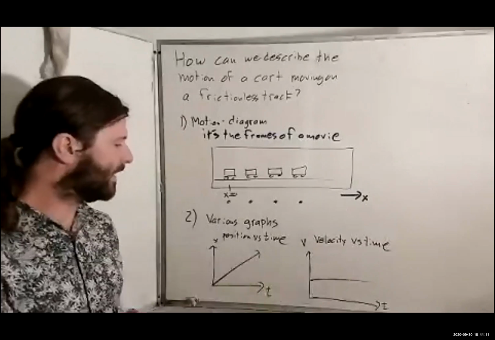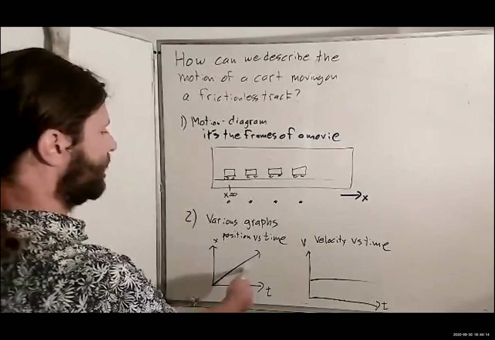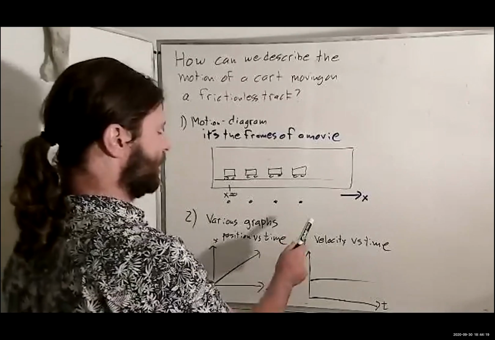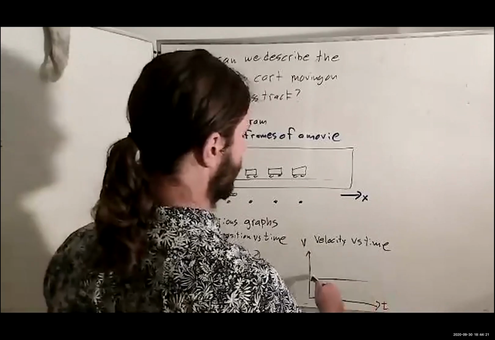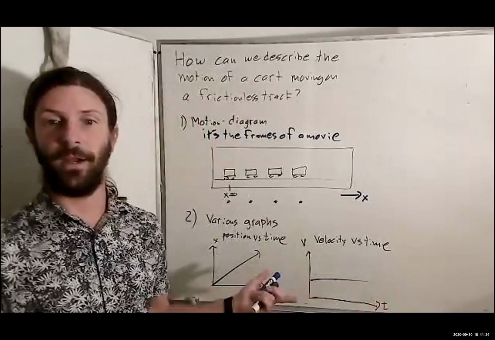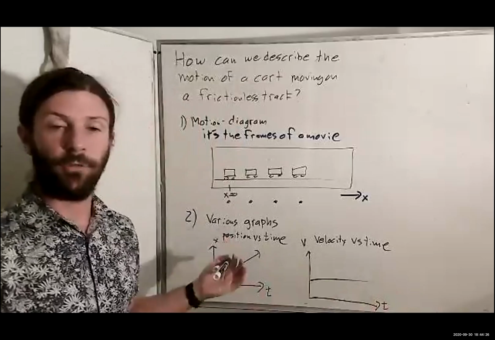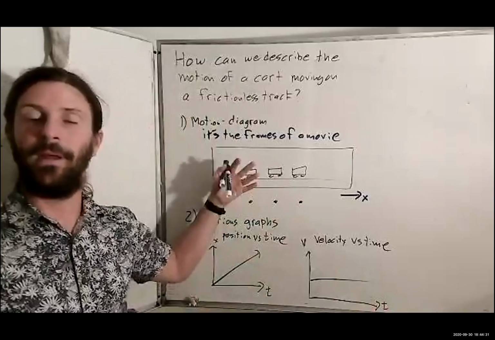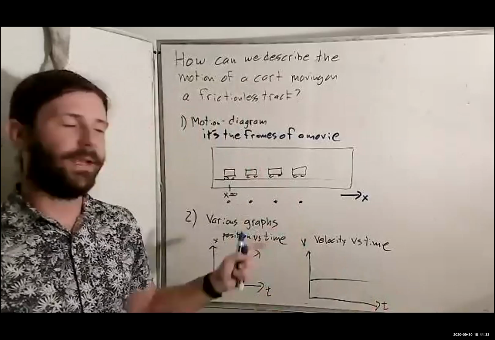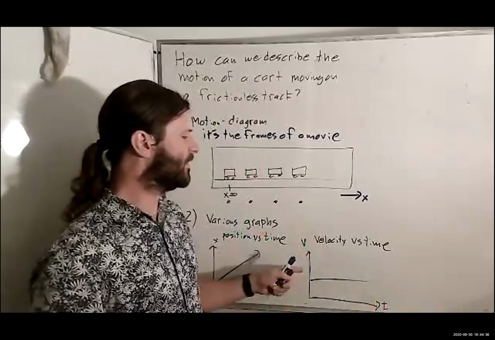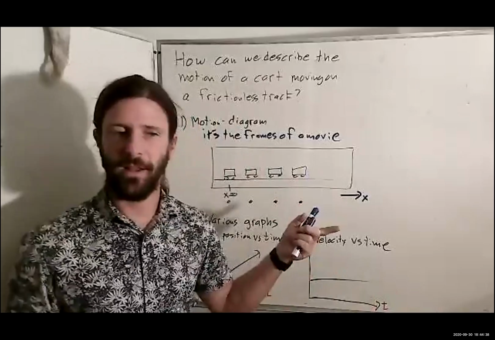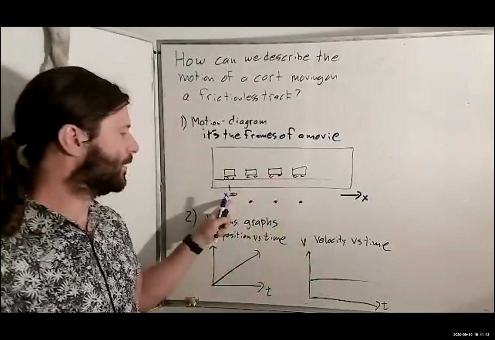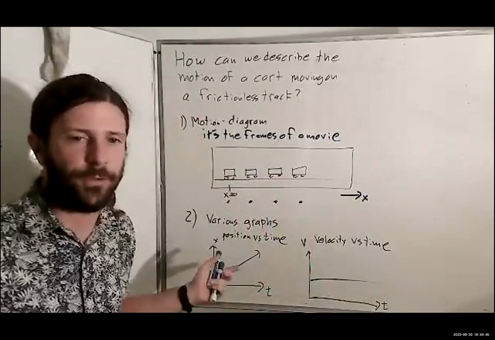We can see that in this example: constant slope and positive slope, constant velocity and positive velocity. That's how these two are related. But this graph can also be used to describe the motion of the object. Since it's moving at a constant velocity, you might need to add a piece of information, like at t equals 0, it's at x equals 0.